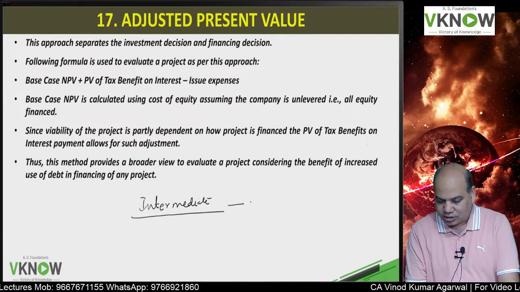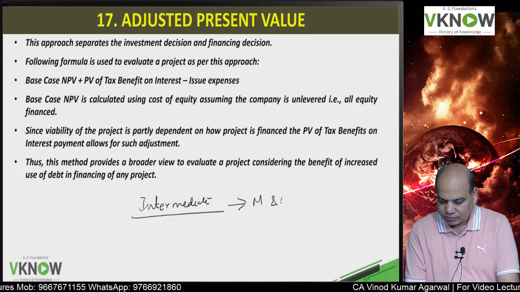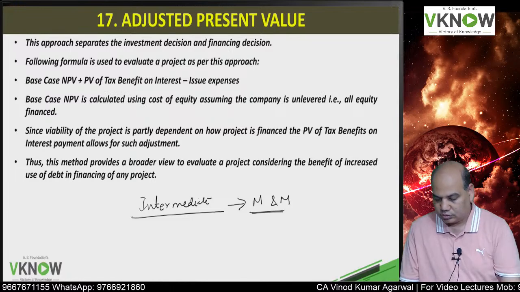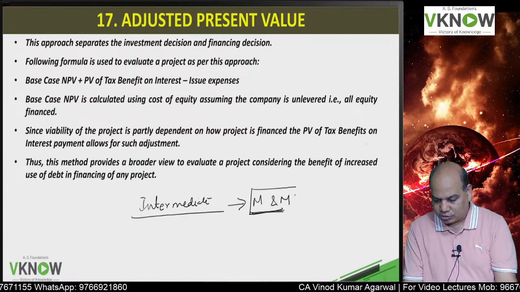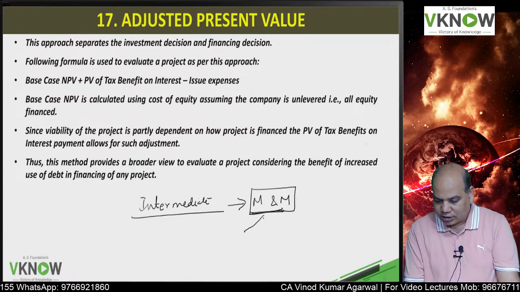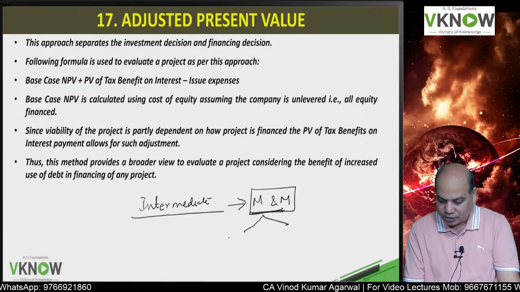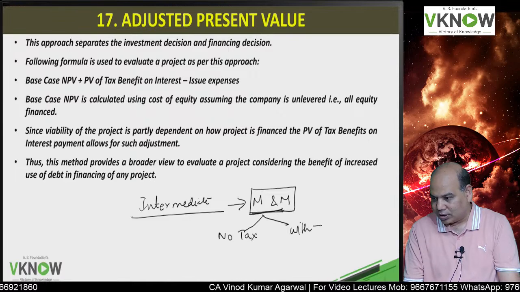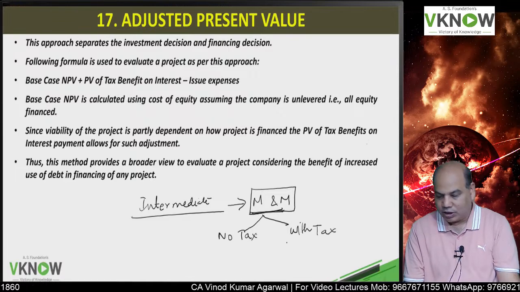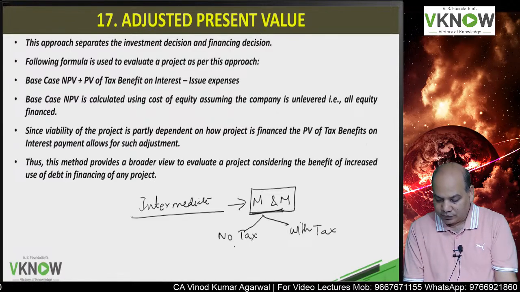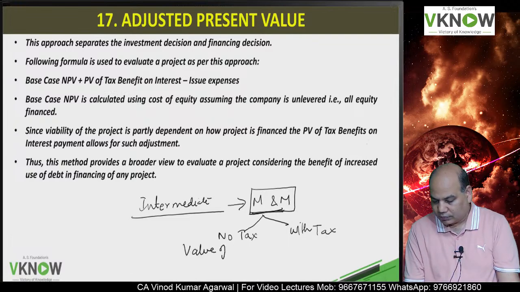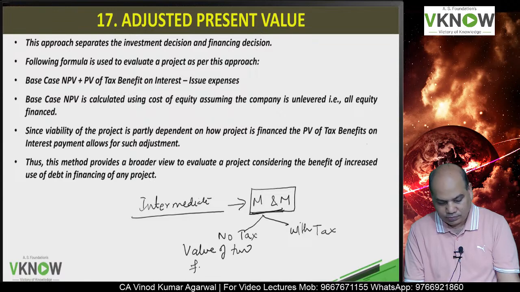In our intermediate syllabus, do you remember there was a chapter called Modigliani and Miller approach? Under that there were two theories, one is no tax theory and the other with tax theory. I am doubtful how many of you will remember, but if there is no taxation, value of two firms are equal.